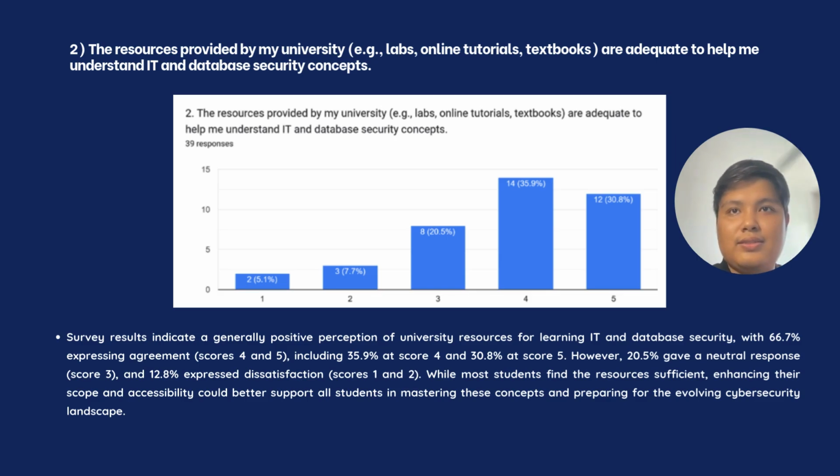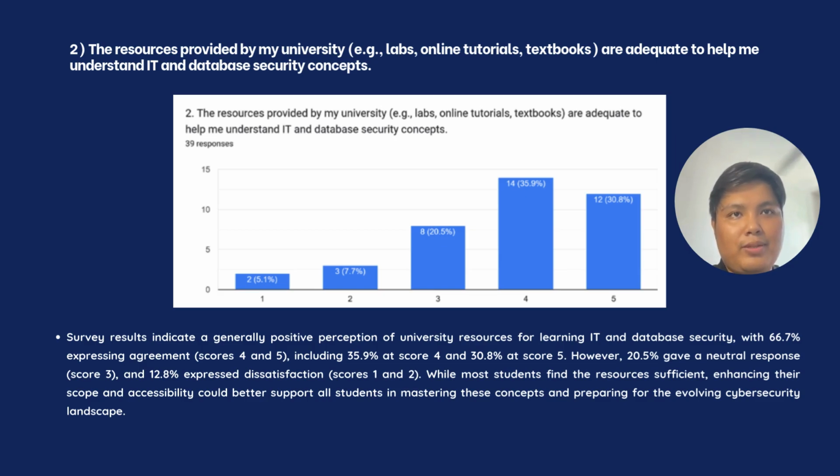From this question, survey results indicate a generally positive perception of university resources for learning IT and database security, with 66.7% expressing agreement, scores 4 and 5, including 35.9% at score 4 and 30.8% at score 5.